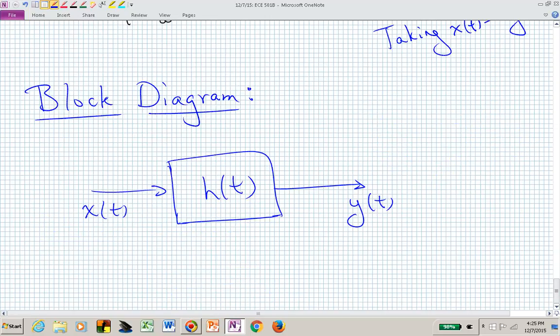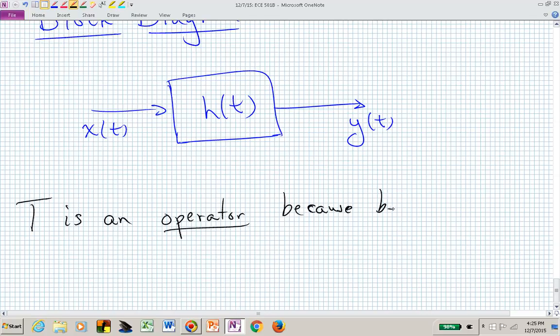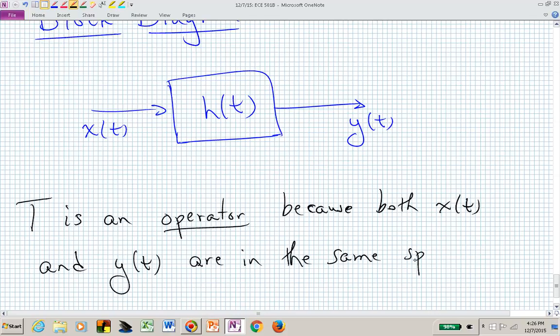They could even be complex, but we probably won't go there. But T is an operator because both x of t and y of t are in the same space.